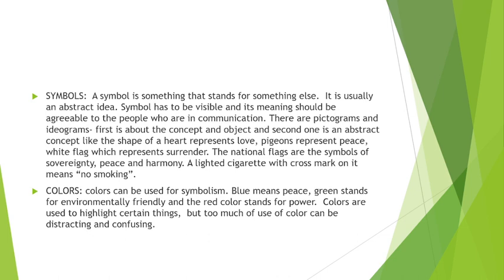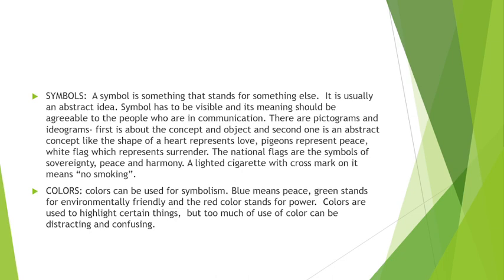There are pictograms and ideograms. A pictogram is about a concept or object, and the second one, the ideogram, is an abstract concept. Ideograms are like the shape of a heart representing love, a dove representing peace, a white flag representing surrender.